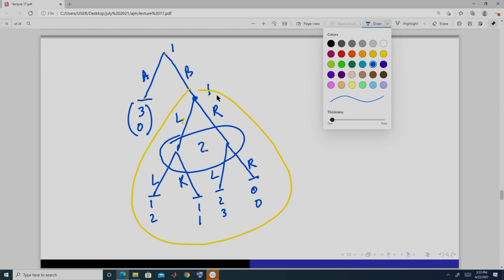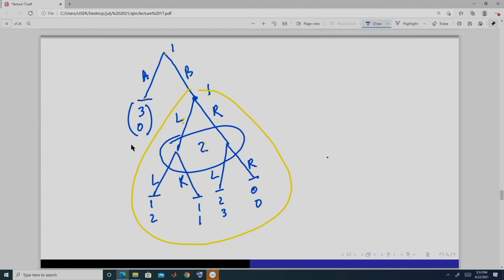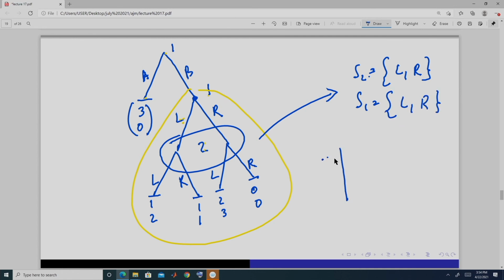So, we will start with this subgame. You can think of this subgame as a simultaneous move game, or a normal form game, where since this is the information set of player 2 and it has 2 nodes, it is not sure. So, the action set is the same here. The strategy set of player 2 is simply L, R. The strategy set of player 1 in this subgame is again L and R. So, this game can be represented as a normal form game in this way.